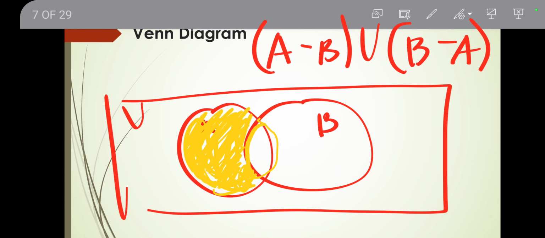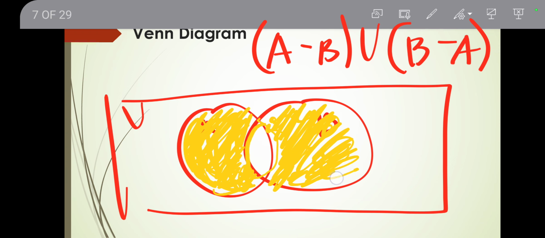In set B, we also have to do it like this. So this is what a union means. These two drawings here, this is the union of A minus B and B minus A.